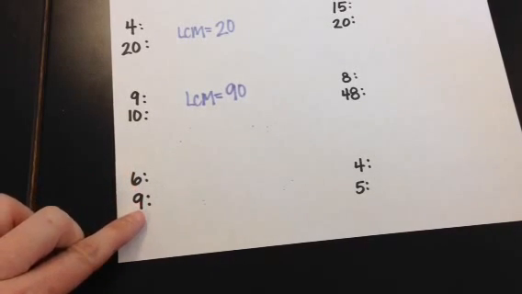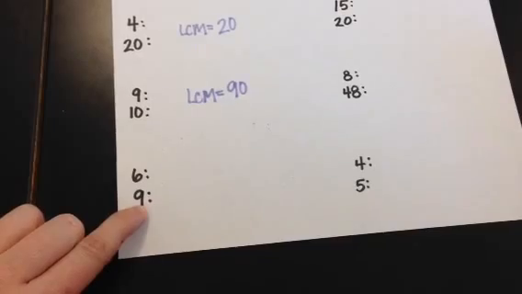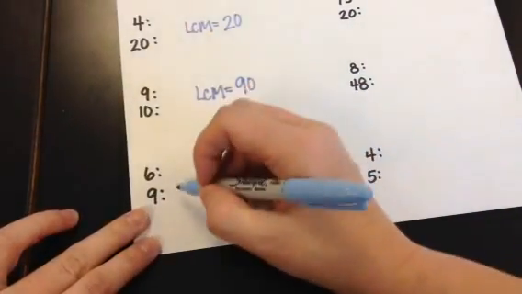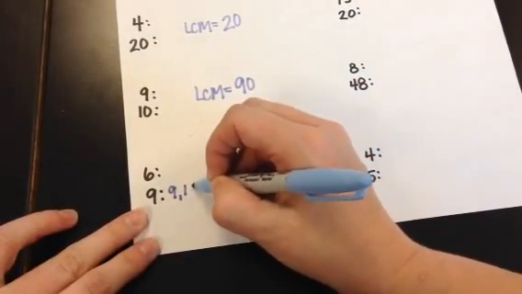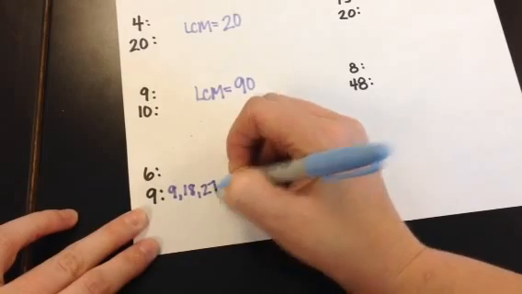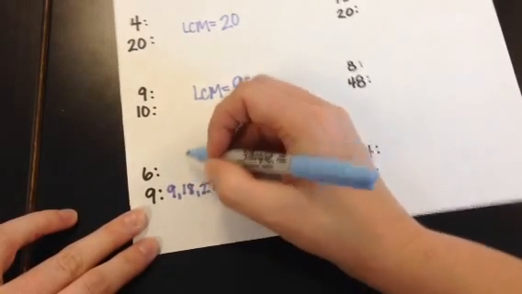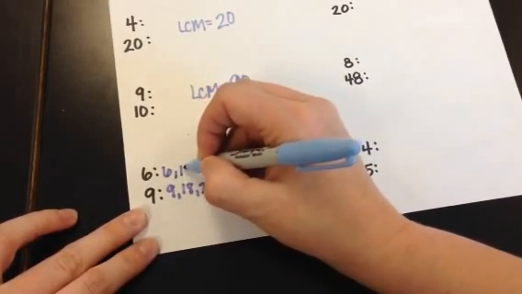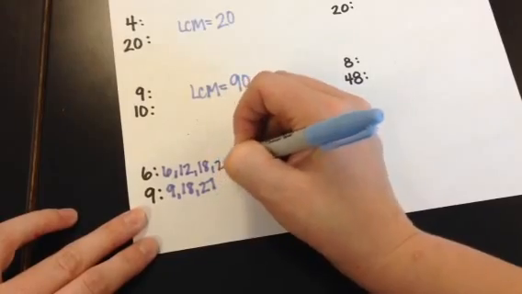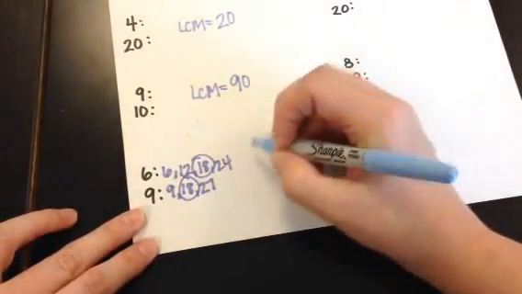So I need to list my multiples of 9 in order to find the least common. So 9, 18, 27. And I know that 6 can go into 18, but if I listed them both out, you would still see it's going to be 18.